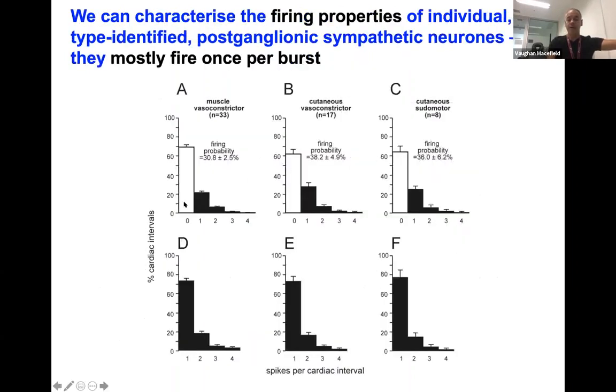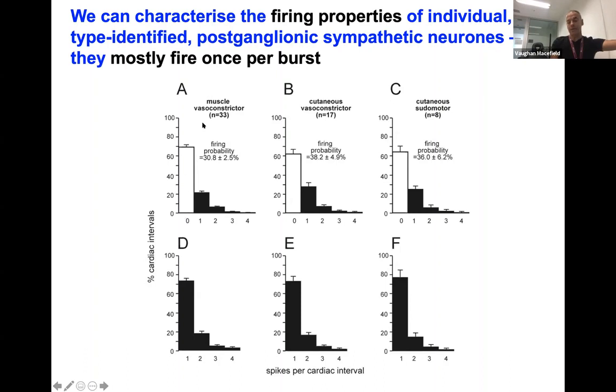And we can characterize the firing patterns. Here, we're showing in all the cardiac intervals how often a given unit discharges. Mostly, as shown by the white bars, they are silent, so mostly 0 spikes per cardiac interval.